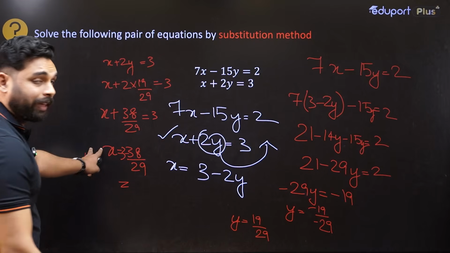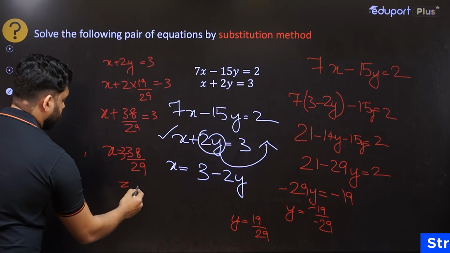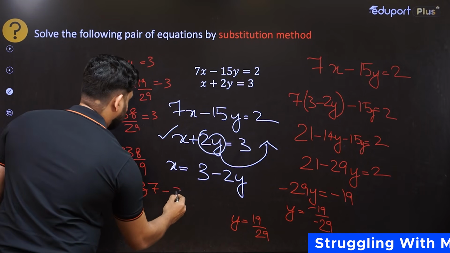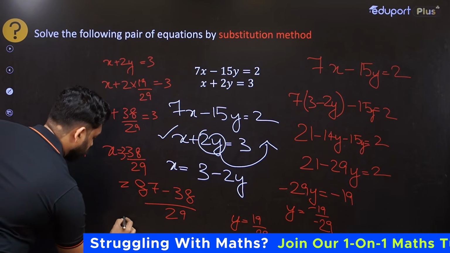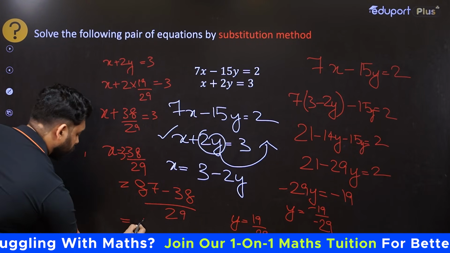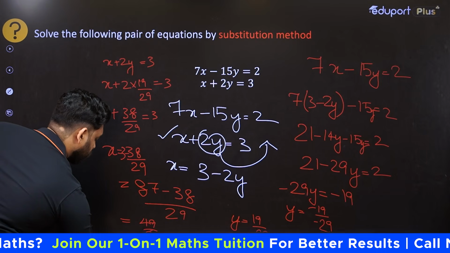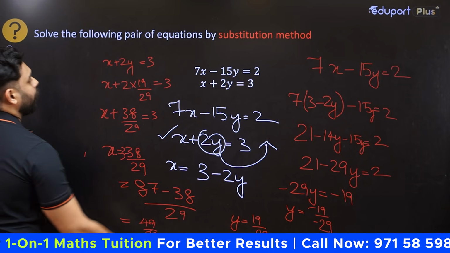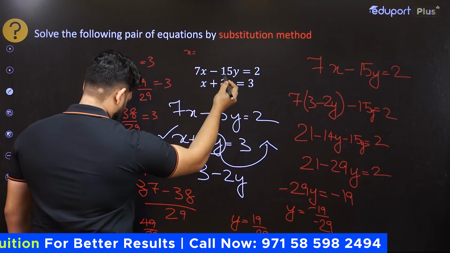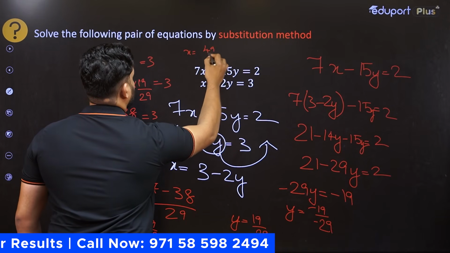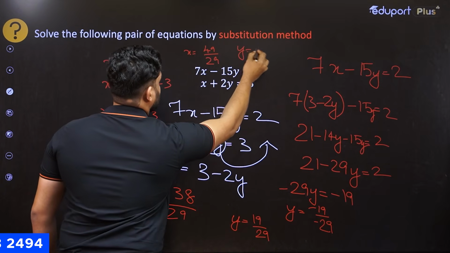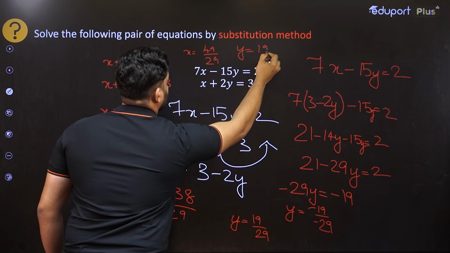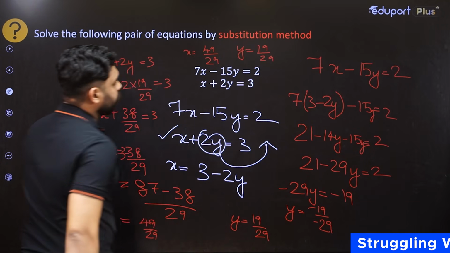Okay, this will be the value of x. So if you cross multiply, you will get 87 minus 38 by 29. And the final answer will be 87 minus 38 is 49 by 29. So you will get the value of x as 49 by 29 and the value of y as 19 by 29.